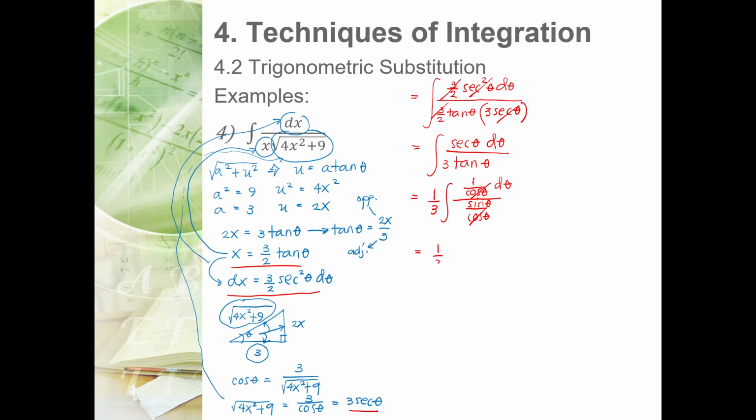So that will be 1/3 integral of 1 all over sine theta d theta, which is 1/3 integral of cosecant theta d theta. Again, the integral of cosecant theta is 1/3 times ln of cosecant theta minus cotangent theta plus c.